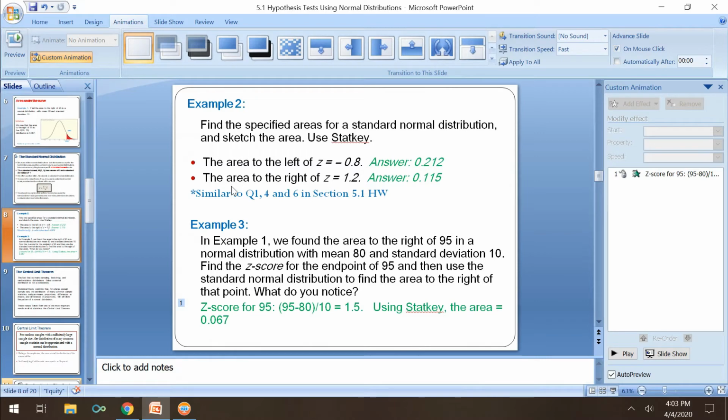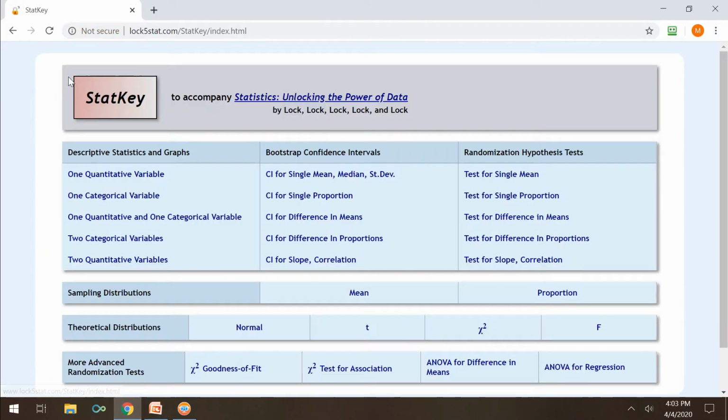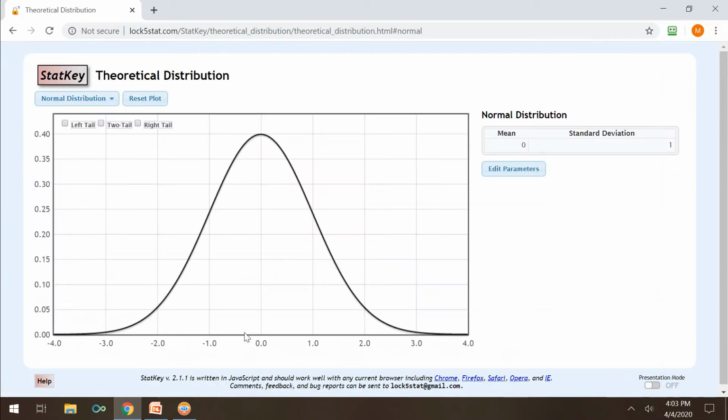Same thing. Okay, let's find the area to the right of z equals 1.2. So this time again, I have the standard normal distribution, mean 0, standard deviation 1, to the right of z equals 1.2.